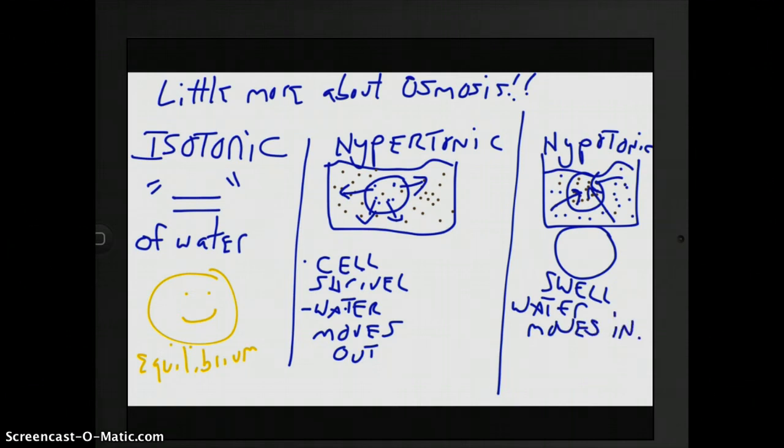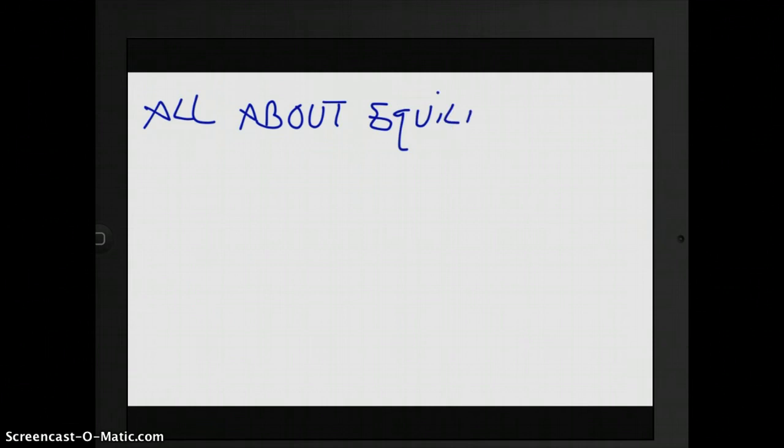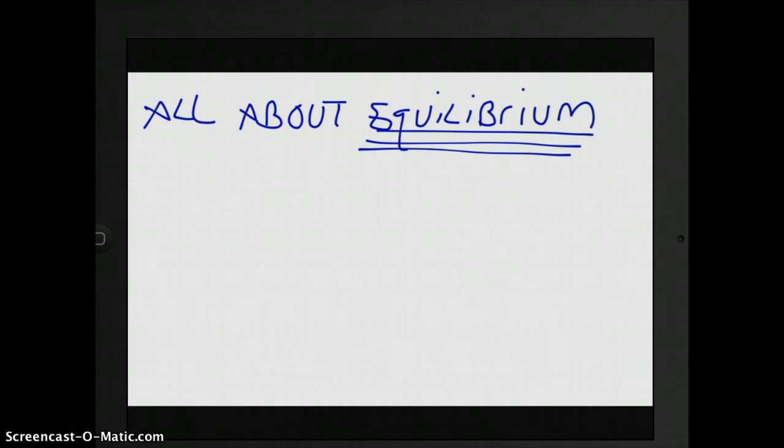Water is moving back and forth to reach equilibrium. It's all about equilibrium, getting things equal. If it's isotonic, things are already equal, so the cell is happy.